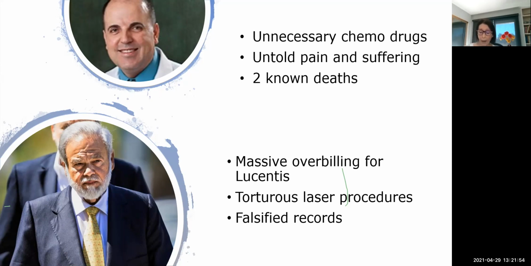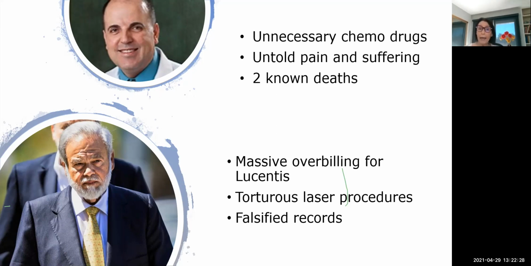The man on the bottom is called Salman Melgen. He was from the state of Florida. He was a retinal specialist, an eye doctor, who overbilled Medicare for almost $70 million for prescribing Lucentis, which is a macular degeneration drug. He falsely diagnosed many of his older patients. He lied to them.